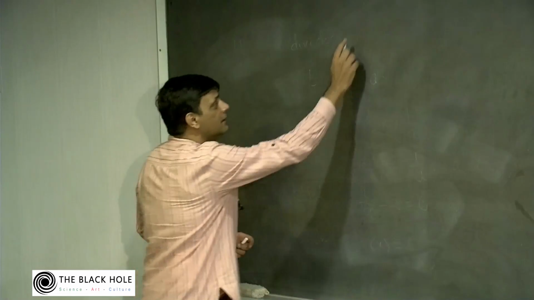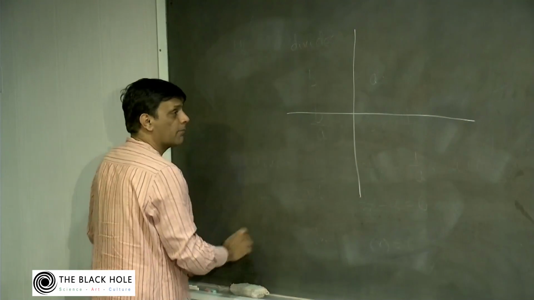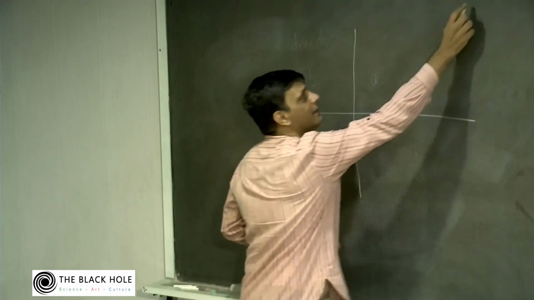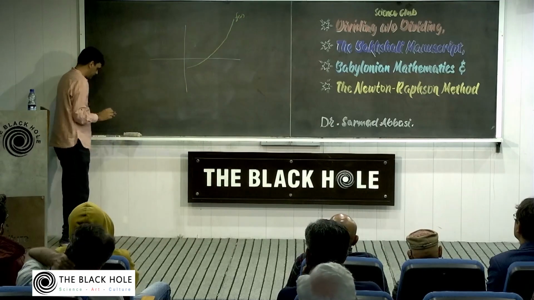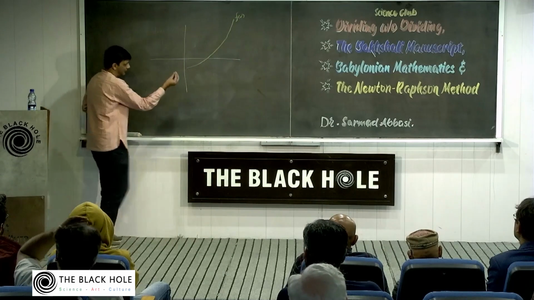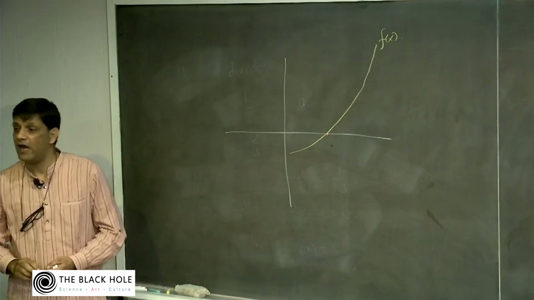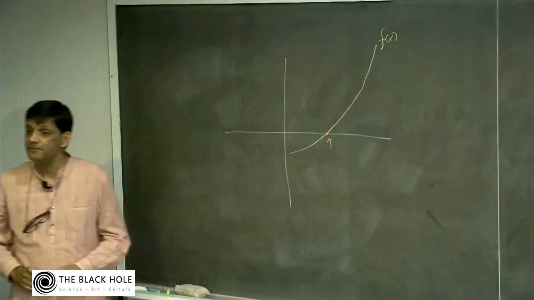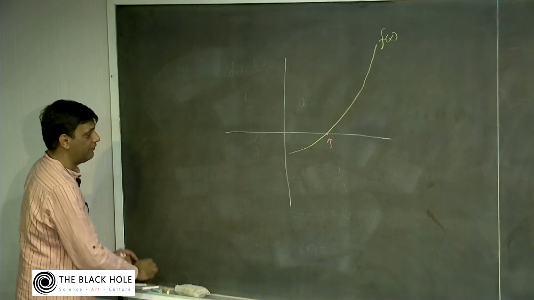And so here we have, let's say, the coordinate system. Here you have some kind of a function, f of x, okay? And here, this is what is called the root, right, where the function becomes 0. And this is the value that we're looking for, right? Okay, so this is the point where f of x equals 0.